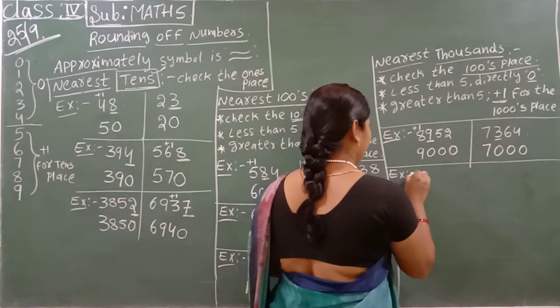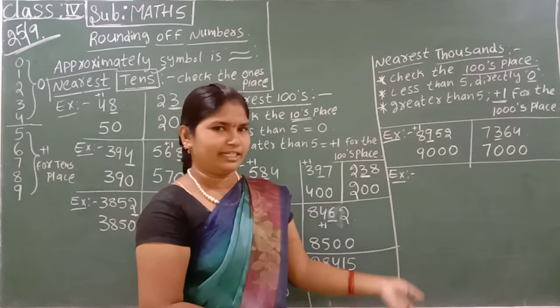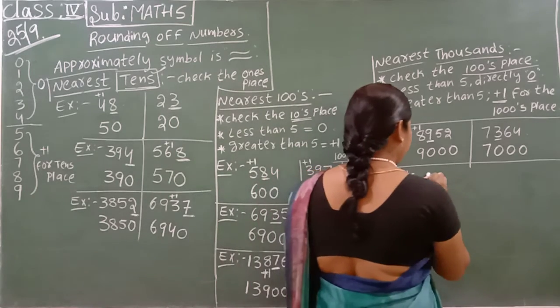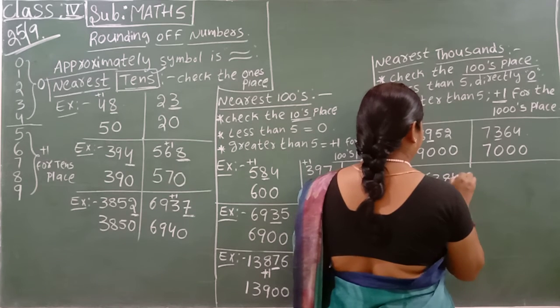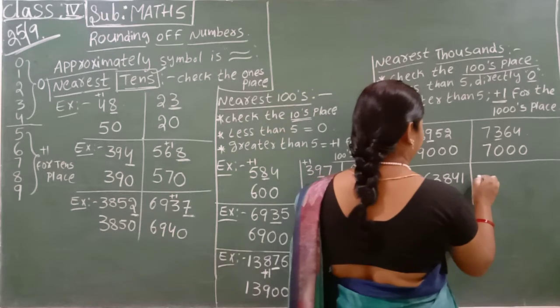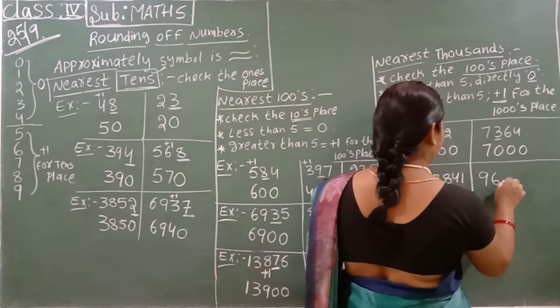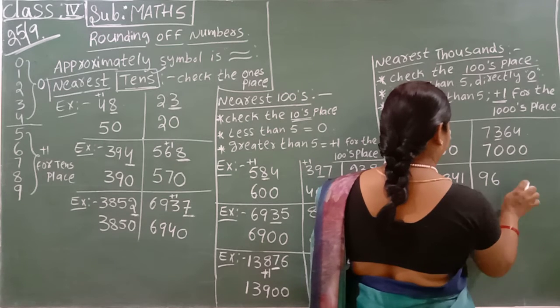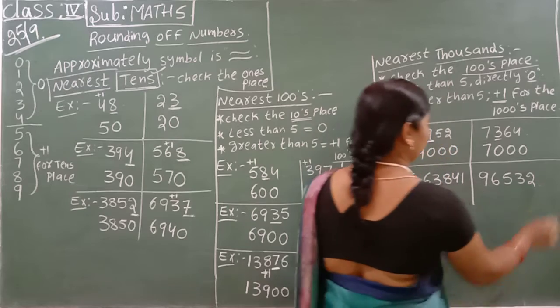Next example. Here 4-digit numbers are over. I want to take a 5-digit number. That is 63841. Next, 96532.